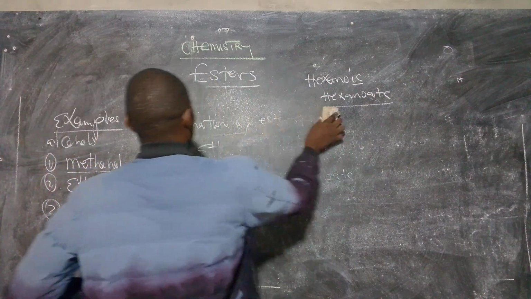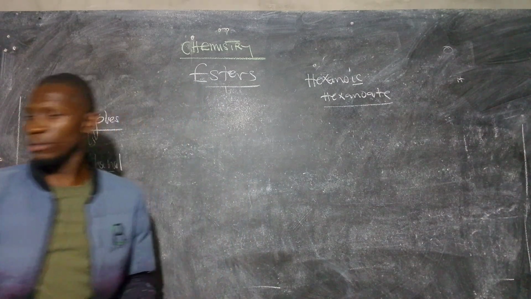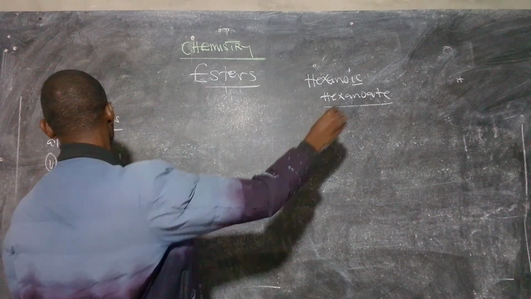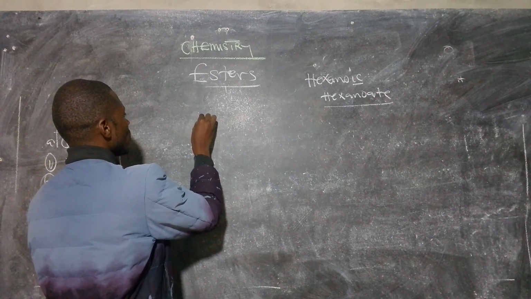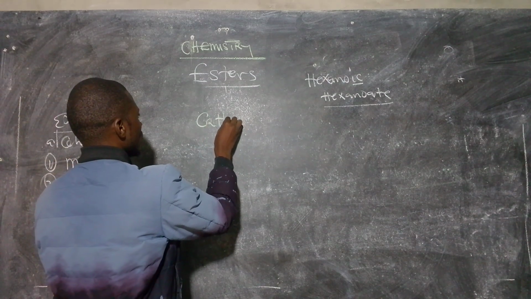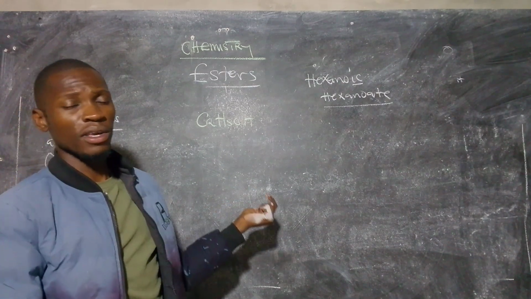Alright, so in terms of structures, let me get a structure of ethanol. Since ethanol is like this, that is the molecular formula for ethanol.